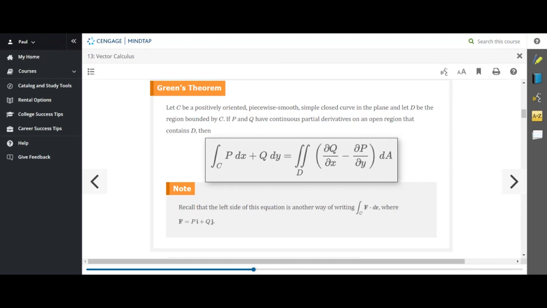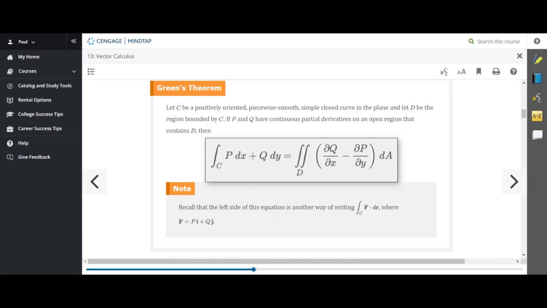With Green's theorem, you are computing the work that the vector field does in moving the particle once around a closed path in its field. The path has to be closed for Green's theorem.